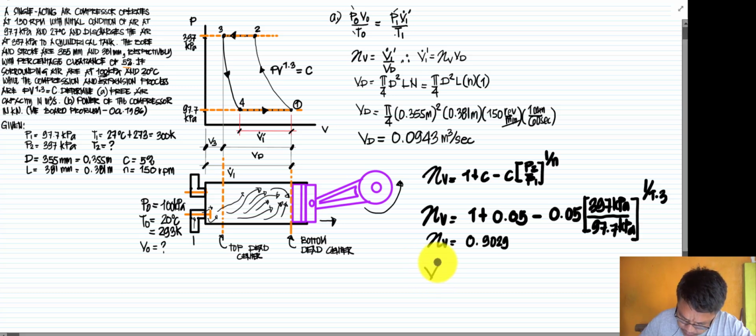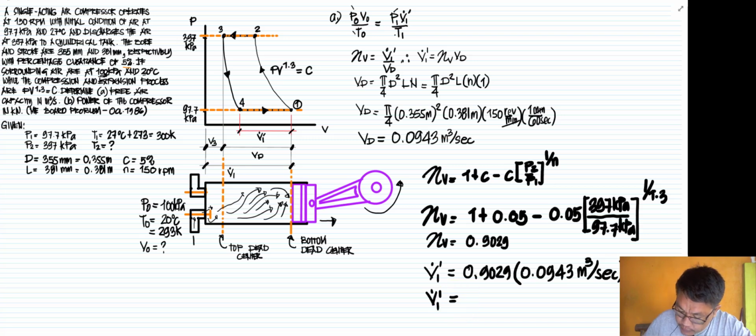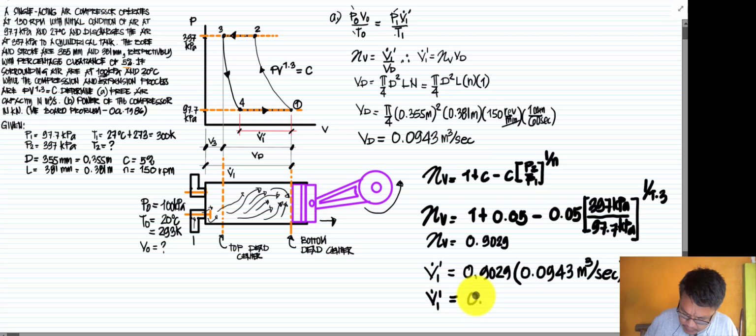Okay, so we have your equation for your volume flow rate 1 prime, so this is equal now to your volumetric efficiency, that will be 0.9029, multiplied by volume displaced, 0.0943, so this is the unit of cubic meter per second. So using your calculator, we have a volume 1 prime equal to 0.085. Okay, so the unit is cubic meter per second.